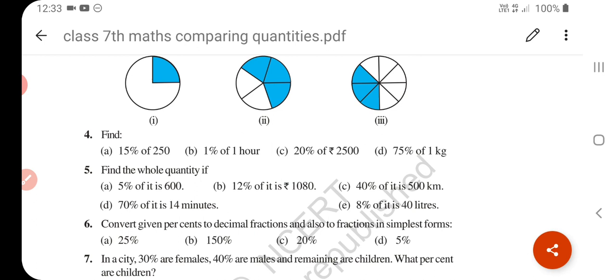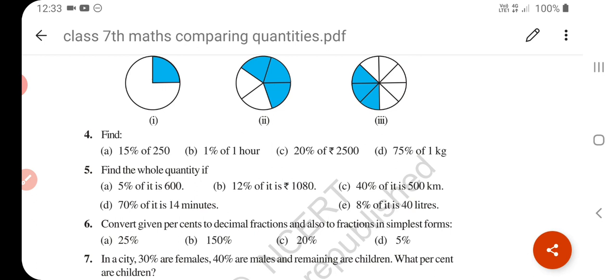When two ratios are equivalent, then we can say that they are in proportion. Whenever the two ratios are equal, we can say that they are in proportion.